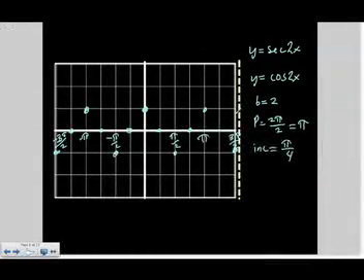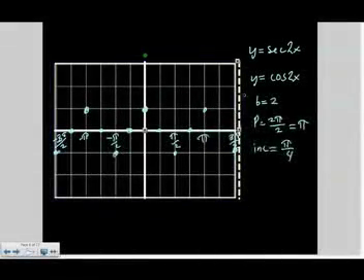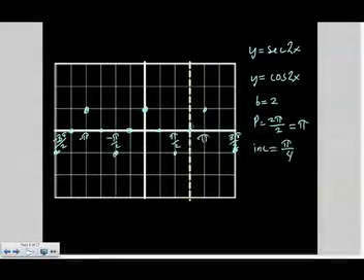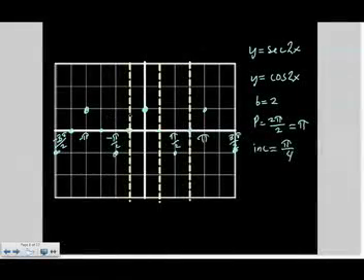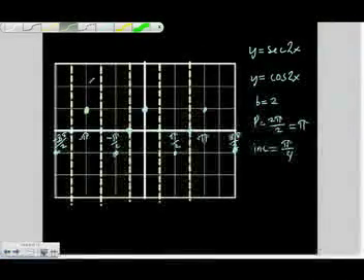Every time cosine has a 0, there's going to be an asymptote for secant. And the extrema are the same between the two functions. So I can just go ahead and graph.